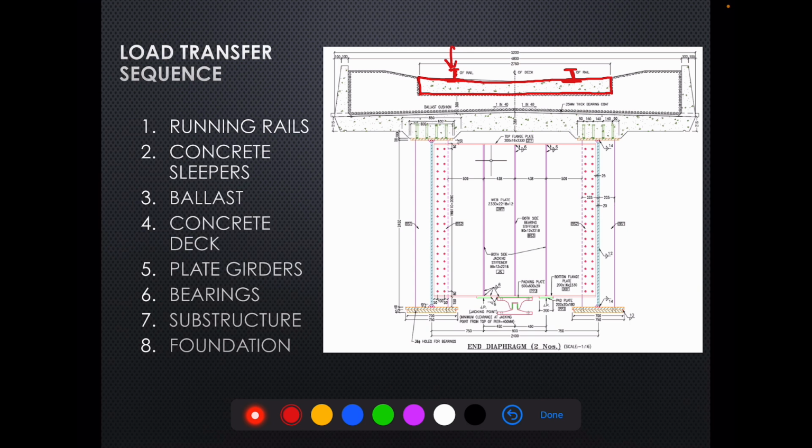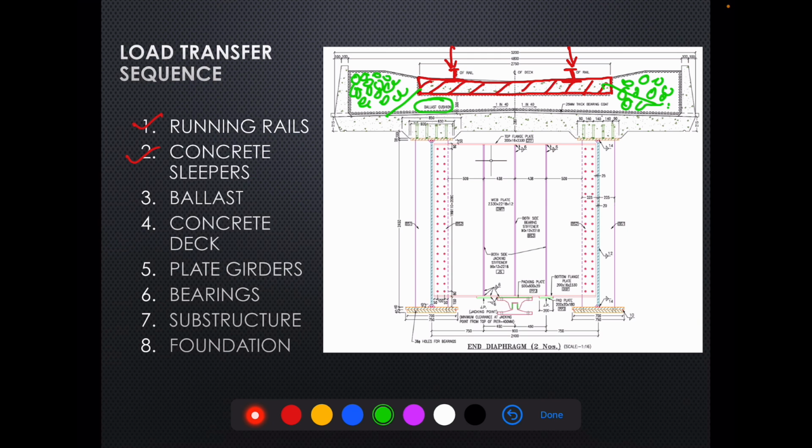When load comes through rail wheels, the load gets transferred to the running rails. Then the load gets transferred to the concrete sleepers. This concrete sleeper is resting on the ballast cushion. Ballast cushion is nothing but the stone ballast, which provides a cushion for transferring and spreading the loads.